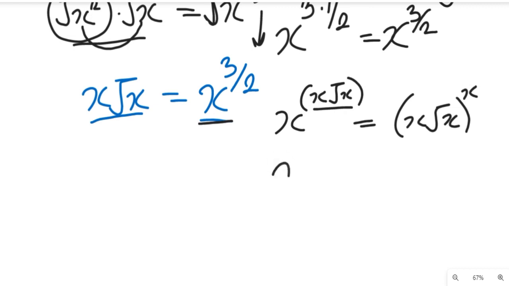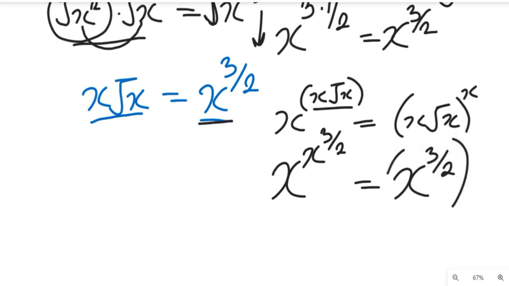So we are going to substitute this for all these expressions. This will give us x to the power of x raised to power 3 divided by 2, and this will be equal to x to the power of 3 divided by 2 all in brackets, to the power x. Since this is an exponent already, they will multiply.